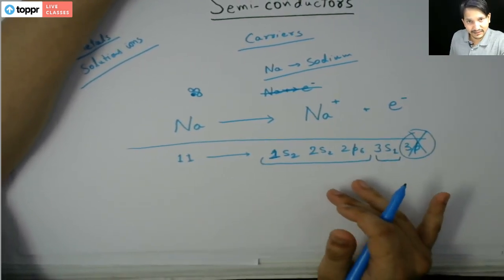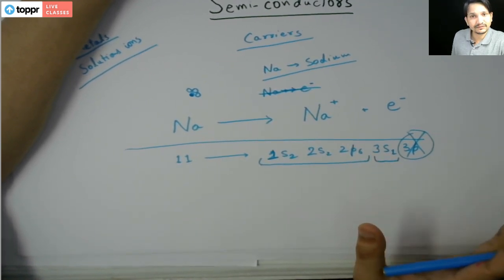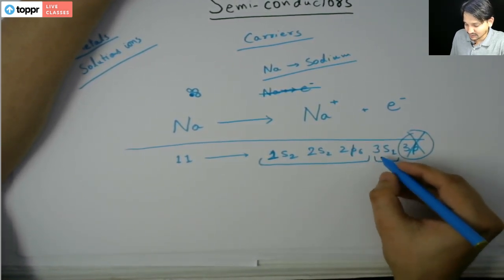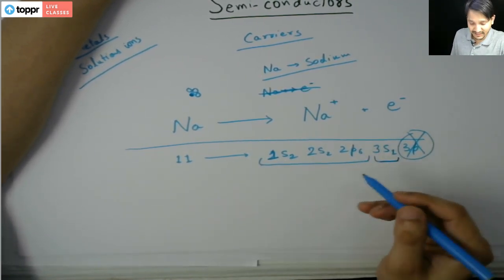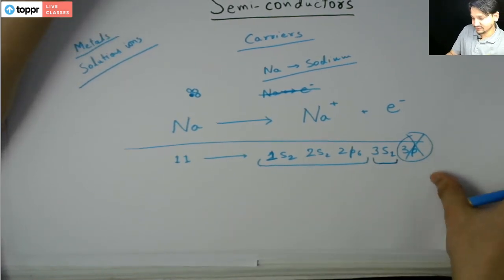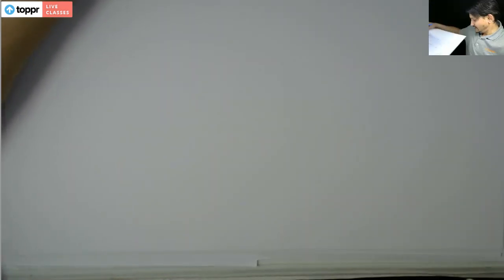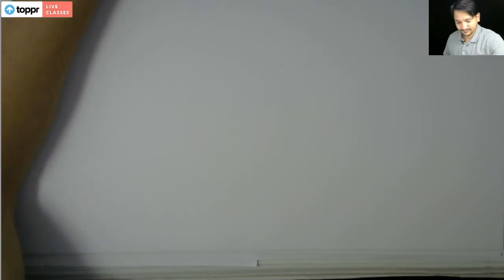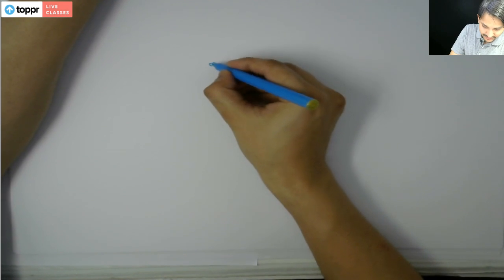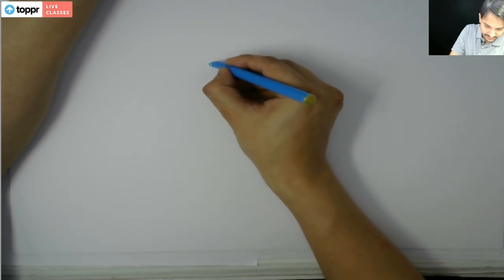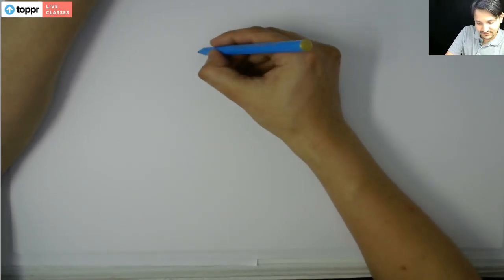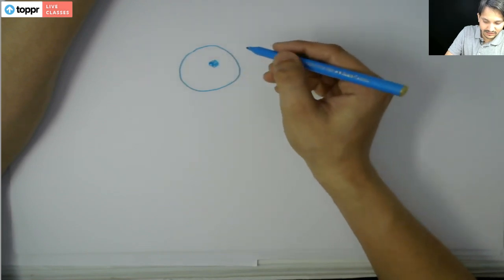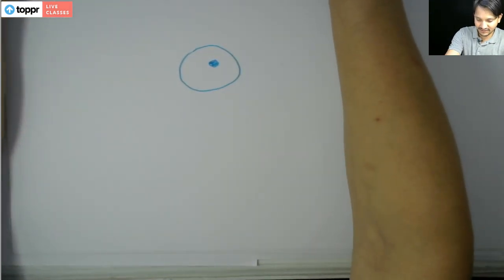But here in physics, we are talking about how it can help in the conduction of electrons. So obviously it has a structure where electrons can move freely. Let's say this is our sodium nucleus, and some electrons orbiting around it.